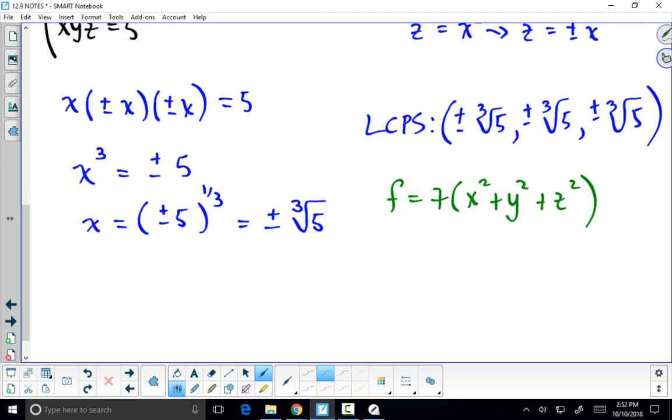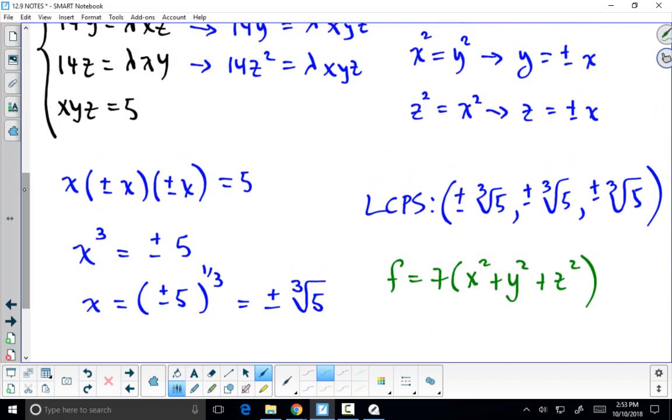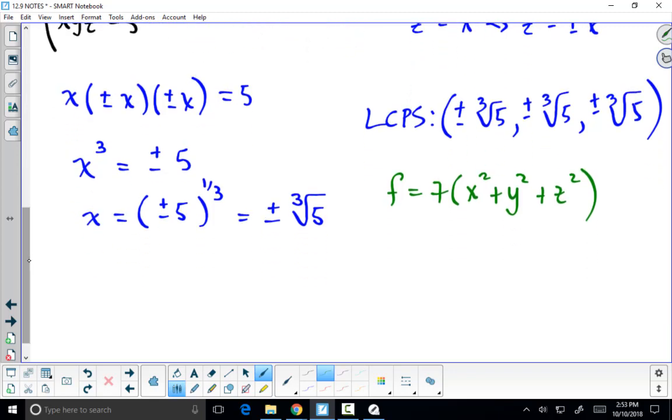Did you get all three, positive or minus cube root 5? Yeah, because we get right here that x is going to be plus or minus the cubed root of 5, which means z is going to be plus or minus the cubed root of 5, and then up here it means y is going to be plus or minus the cubed root of 5. So we have all those different possibilities. Now we're going to look at our values, and it's not going to matter whether we plug in the positive or the negative because we square these.